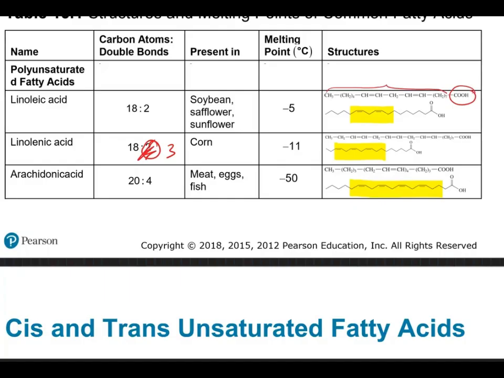This chain may contain only single bonds between carbons, which means that such fatty acid is saturated, or it may contain double bonds, which means it is unsaturated. Number of double bonds will determine whether it is mono, one, or poly, several double bonds, polyunsaturated.